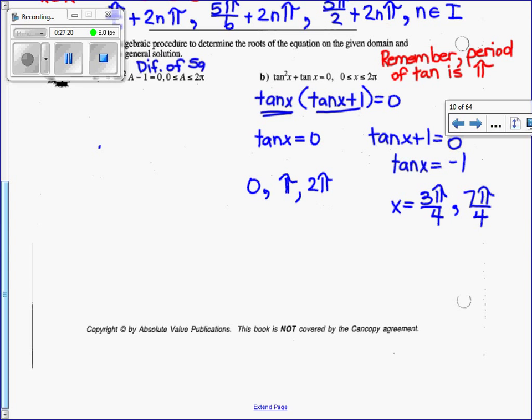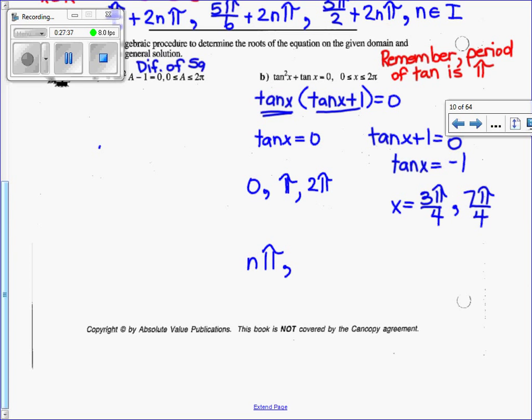So again, for the general solution of this, I'm going to just add pi to each of these terms. So if I take the 0 and I add pi, I just have pi. So some number of pi's, okay?